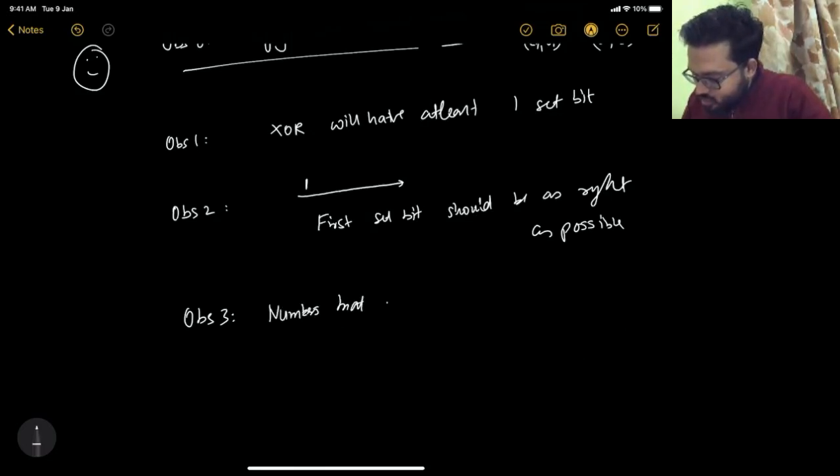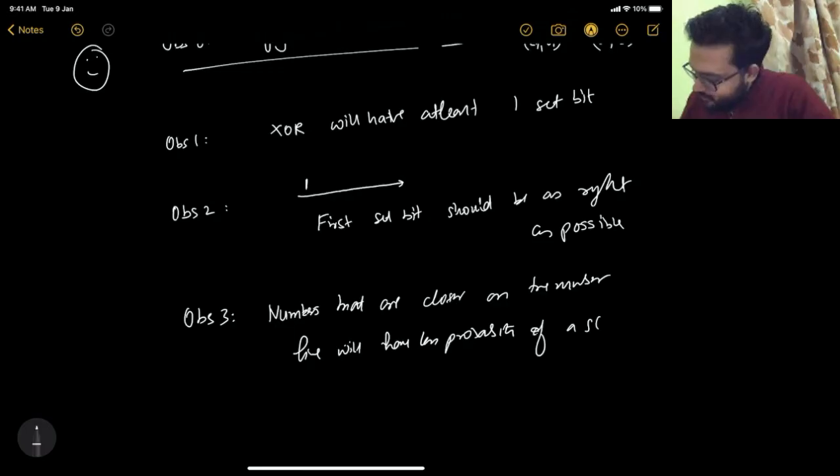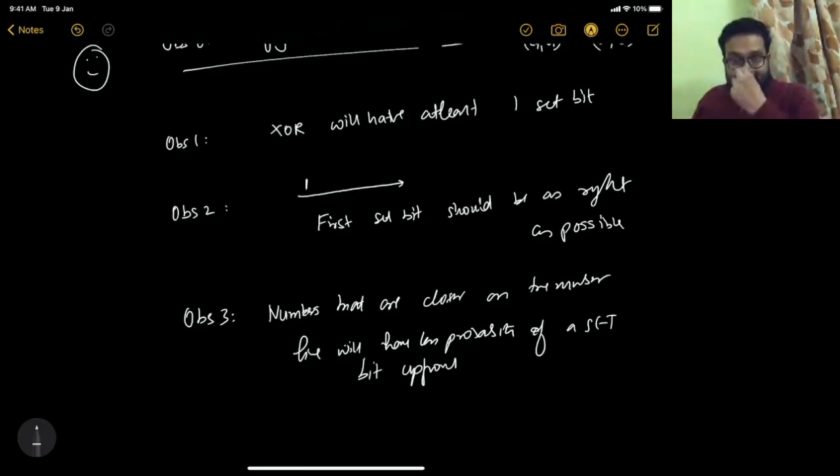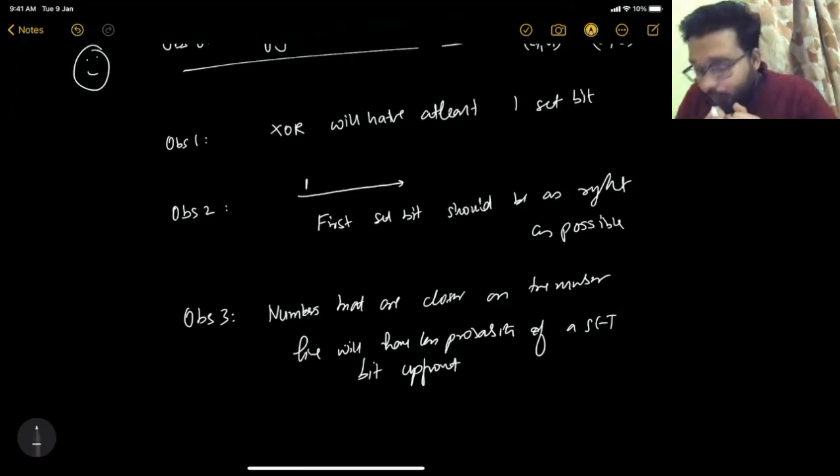Let's look at the number line. First of all, how many of you appreciate observation 0? Please tell me, guys. Everybody does. How many of you appreciate observation 1? Everybody does. How many of you appreciate observation 2? Everybody does. Observation 3 is something that some of you may not appreciate. Let me try to make sure that you appreciate it. Let's look at any number line. You will have a 0 here, you will have 1 here, 2 here, 3 here, you will keep on going on.